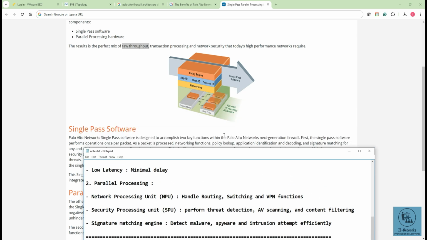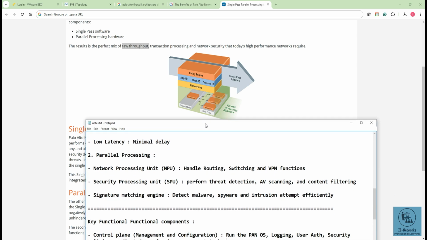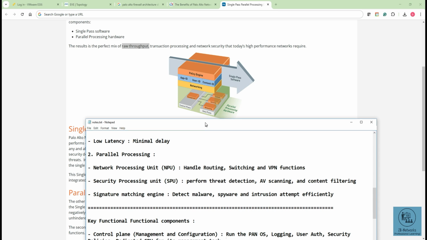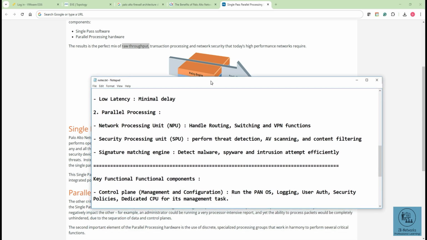So if the data plane component freezes, that does not impact the management plane, because the administrator can still access the management interface of this firewall, although the physical interface or the data plane is completely used at 100%.